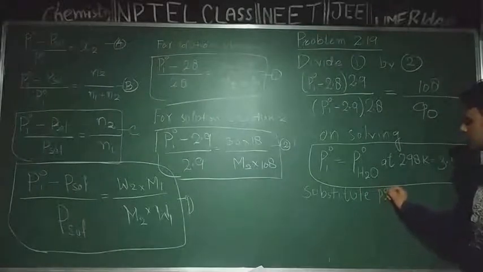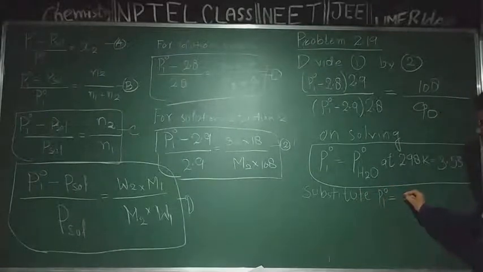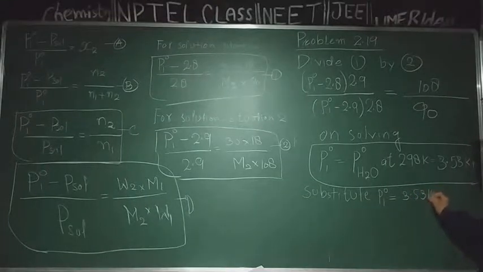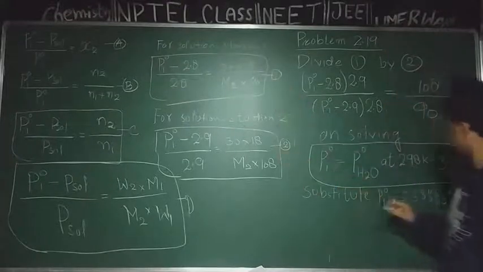Substitute P₀₁ is equal to 3.53 kilopascal in equation first or equation second.